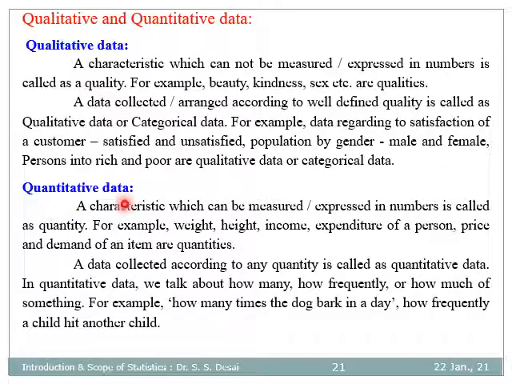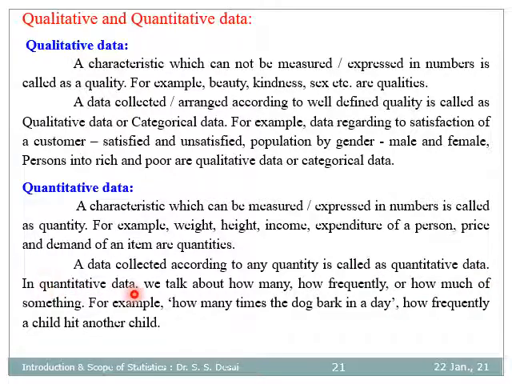Now, quantitative data. A characteristic which can be measured or expressed in numbers is called a quantity, such as height, weight, income, expenditure, price, demand of an item. These are the quantities. Data collected according to any quantity is called quantitative data.